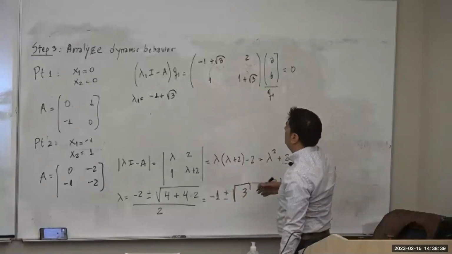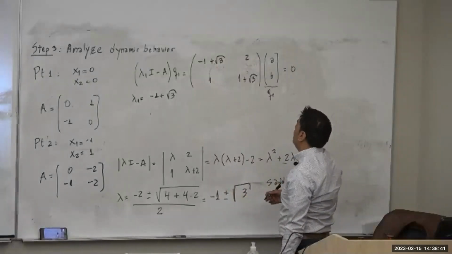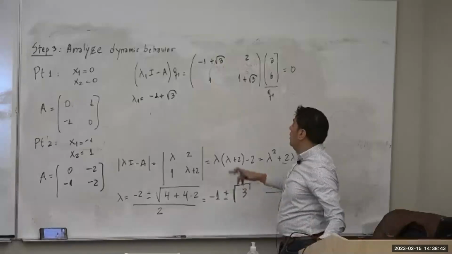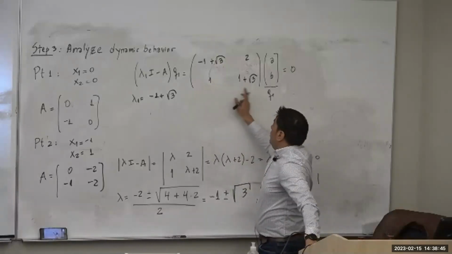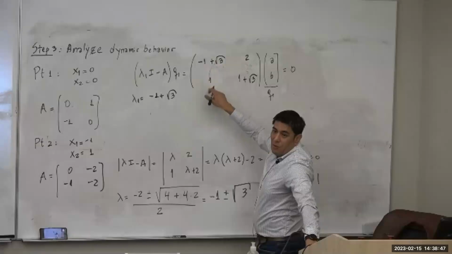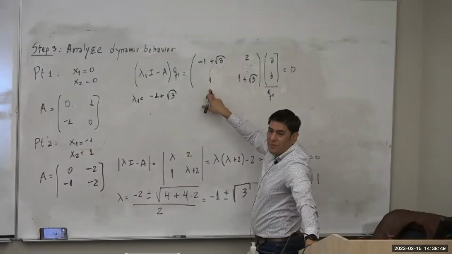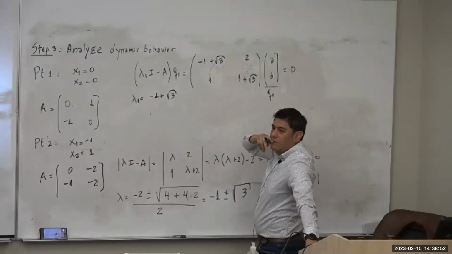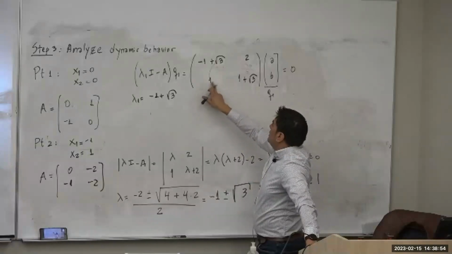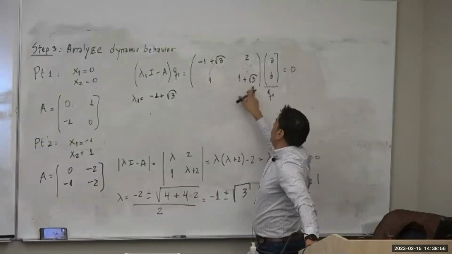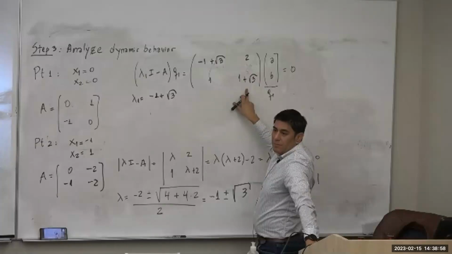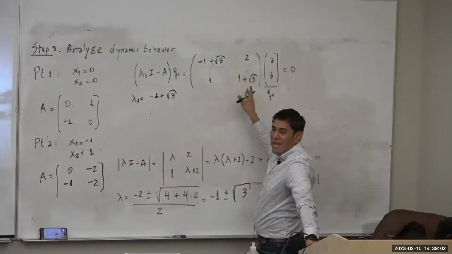How can we show that these are linearly dependent on each other? We multiply the second equation by this term, and we add the two of them, right? We multiply the second equation by this term. What are we going to get here? 2, because they're going to be equal.